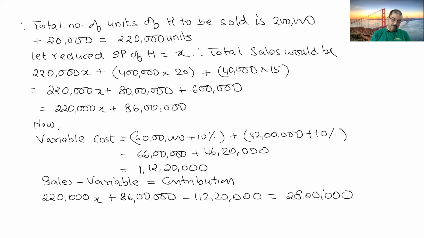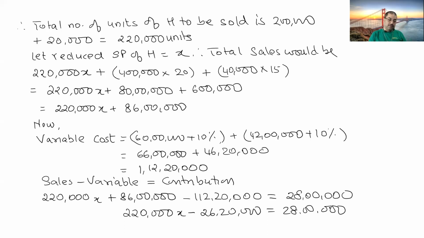Simplify this. 2,20,000 X minus 26 lakh 20,000 is equal to 28 lakhs. So 2,20,000 X is equal to 54,20,000.